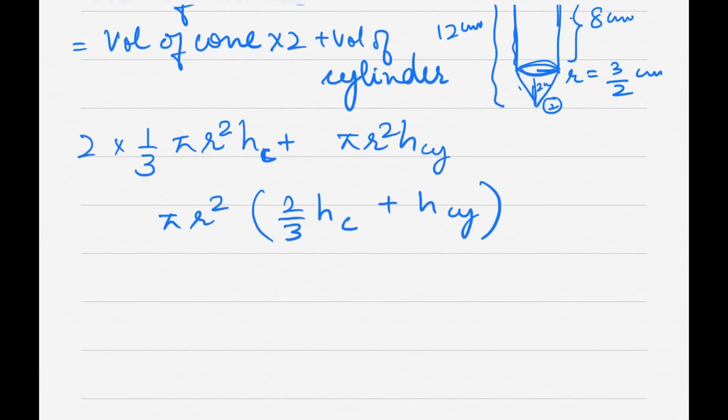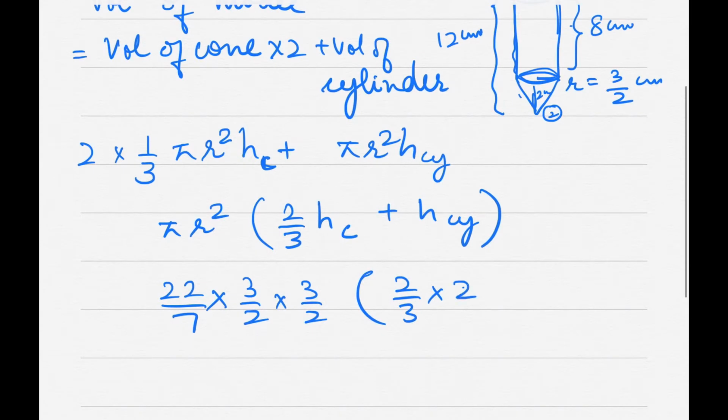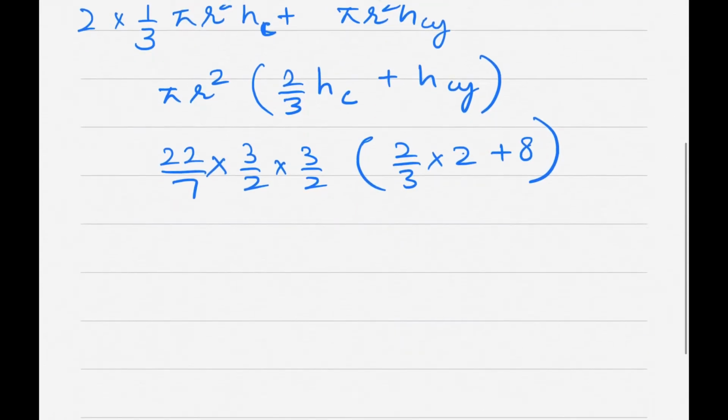Okay, now pi is, I'll just substitute the value, so 22 by 7 into radius is 3 by 2 into 3 by 2 square, and this is equal to 2 by 3 into height of cone is equal to 2 plus height of cylinder is equal to 8. Okay, so now this is getting too big, no?